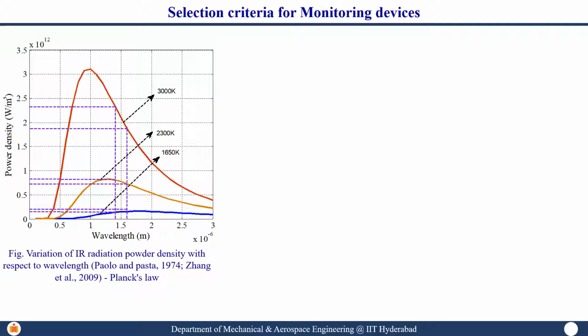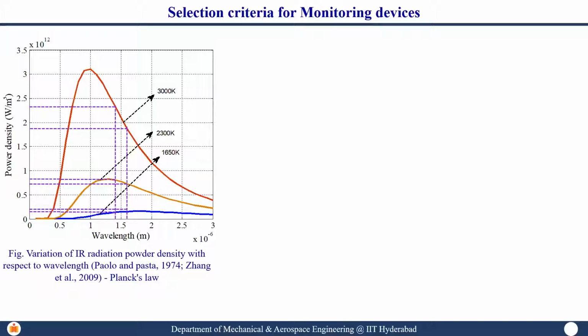During the COVID times, in every shopping mall or every place you had thermal imaging cameras or handheld thermal guns. How do they work? They were operating at a particular wavelength where the intensity is assumed to be high.